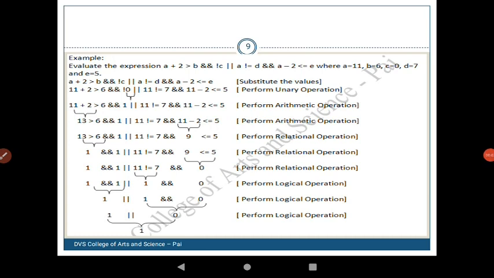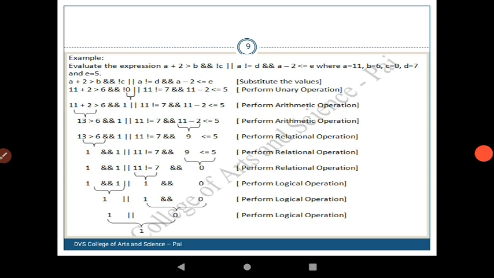Now we need to evaluate 9 less than or equal to 5 because of its priority. The result will be 0 because 9 is not less than 5 nor is it equal to 5, and hence the result will be false, that is 0. Now the resultant expression will be 1 logical and 1 logical or 11 not equal to 7 logical and 0.